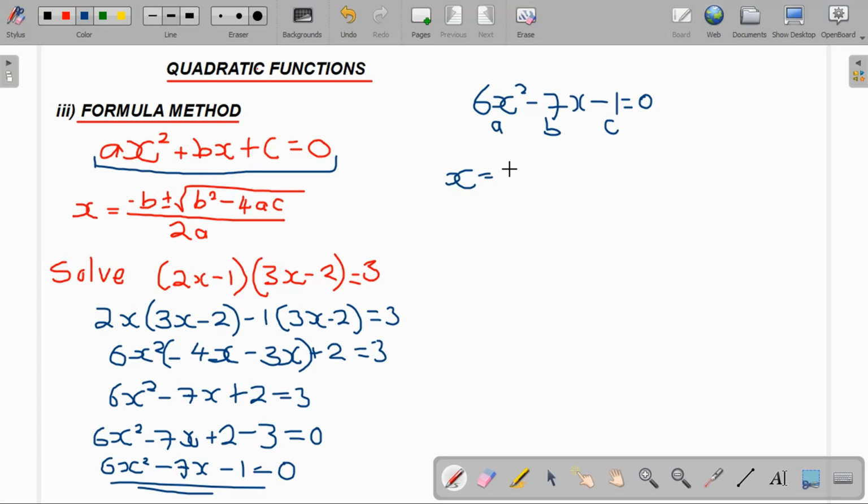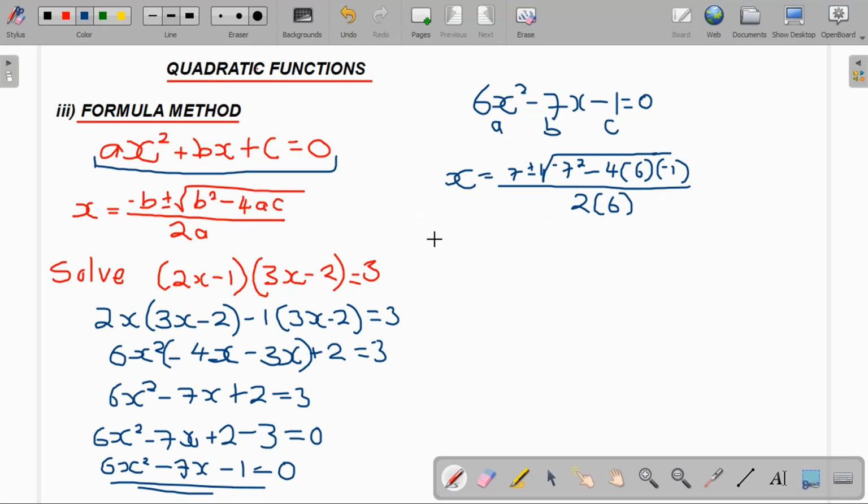So negative and negative is positive, so it will be 7, positive or negative the square root of b squared, so it's negative 7 squared, minus 4, and then open bracket, where there is a, the coefficient of x squared, which is 6, and then we cross, open again, where there is c, negative 1, so we have got negative 1 there, we cross, and then over everything, 2, and then open bracket, where there is a, the coefficient of a is 6, so we put 6.